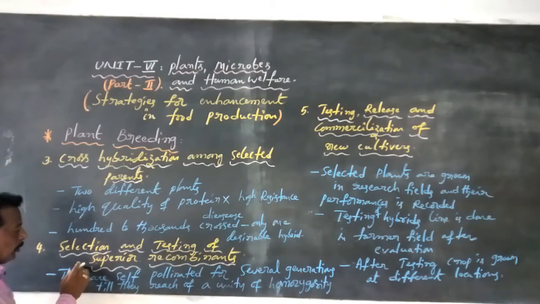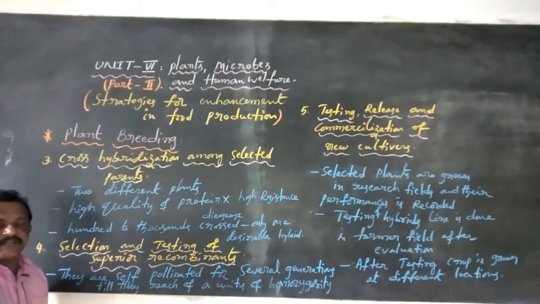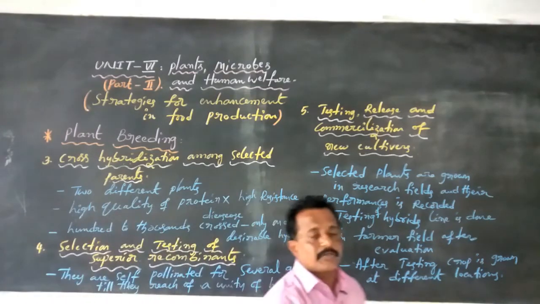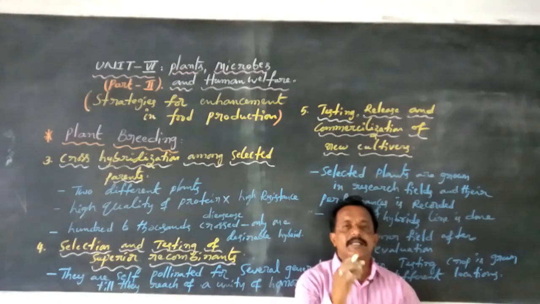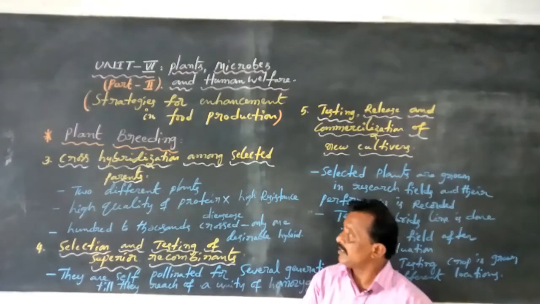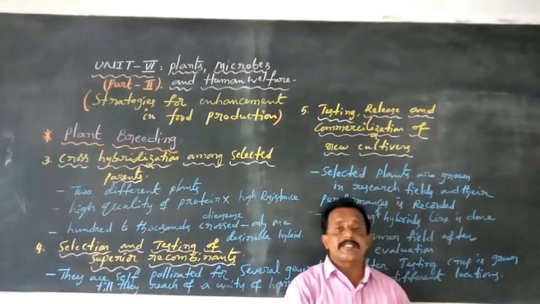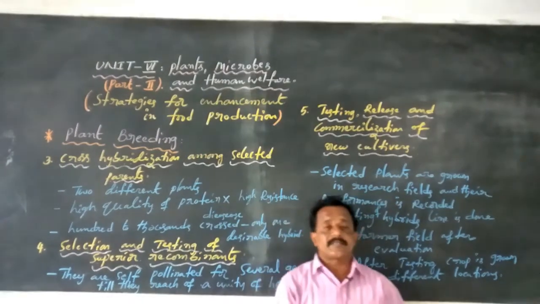These superior recombinant plants will be self-pollinated for several generations till they reach homozygosity. This means both characters are controlled by similar kinds of genes, such as high quality of protein genes and high disease resistance genes.